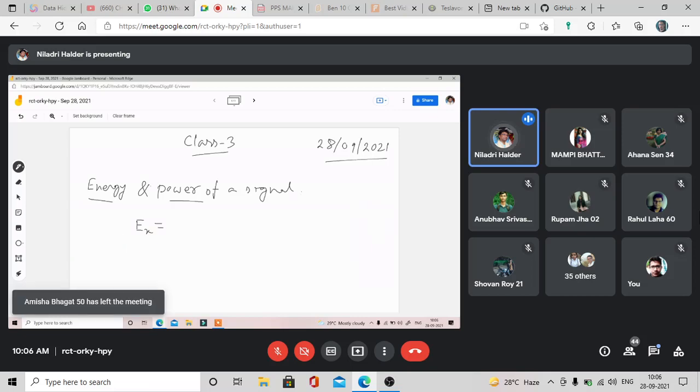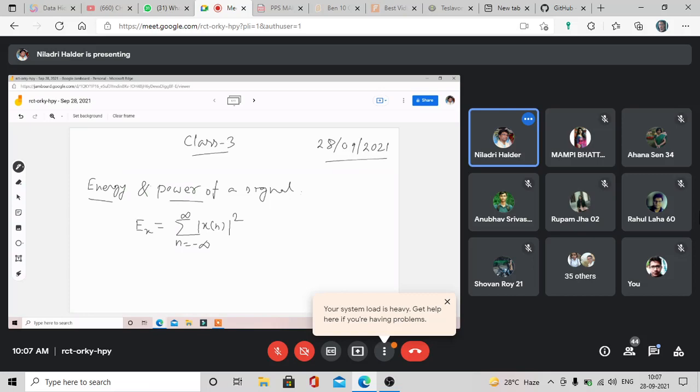defined as Ex can be calculated by the formula summation of n equal to minus infinity to infinity of mod xn square, where xn is your given input sequence.